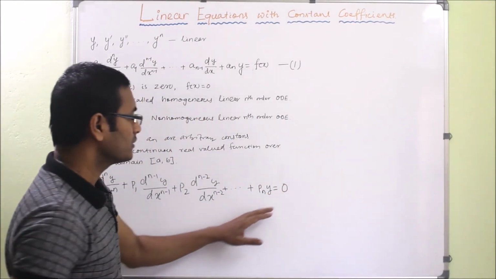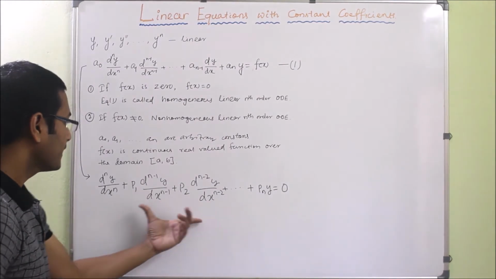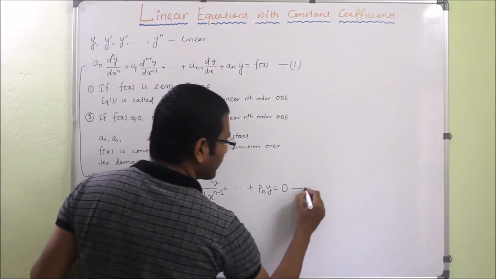First we will take the homogeneous form, this one. Now this I can call equation 2.